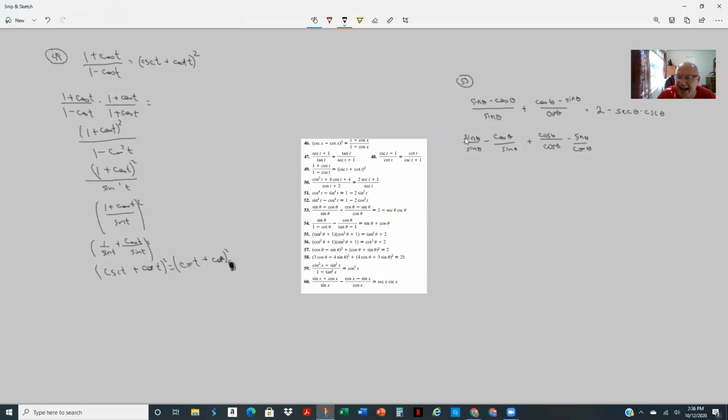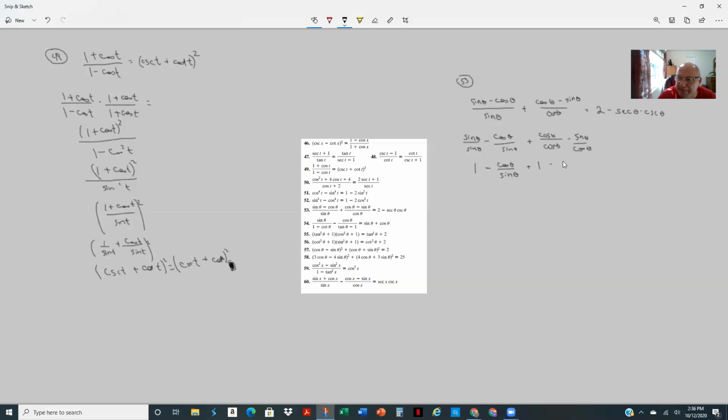Now, sine of theta over sine of theta, of course, is 1. This one right here is cotangent, but I want to leave it that way for right now: minus the cosine of theta over the sine of theta. This is also 1.